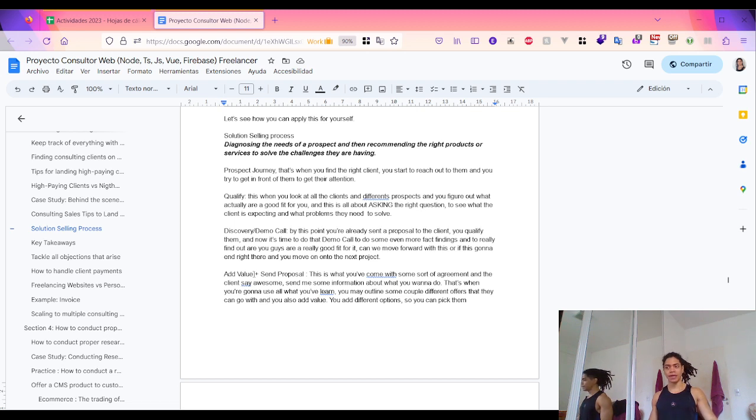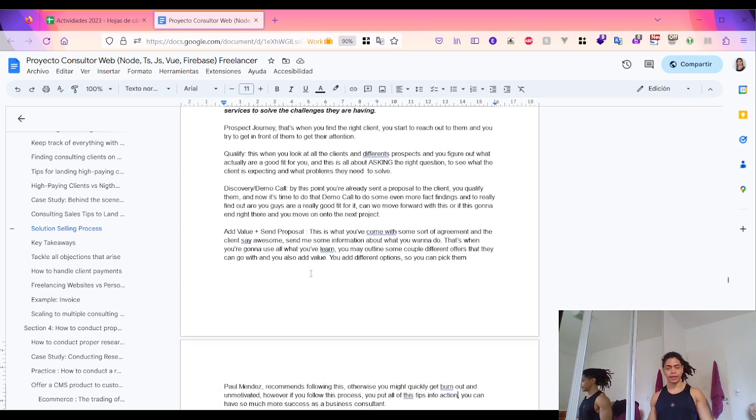So add value and send proposals, which is ultimately the goal. Once you reach some sort of agreement and the client says, great, send me some information, this is where you compile everything you have learned to tell them, this is the different offers that I can provide, as well as the value from that.